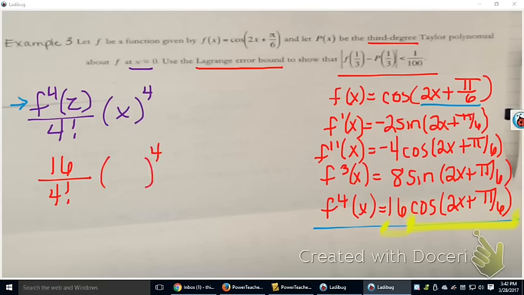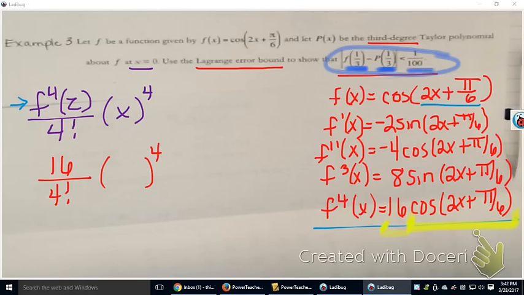Alright, I think I'm ready now to tell you what this is. If you look back at what I told you originally that the Lagrange form of the remainder represented, I told you that the remainder was the original minus the approximation. Well, that's what this is saying. And we're trying to prove that the original minus the approximation is less than 1 over 100.